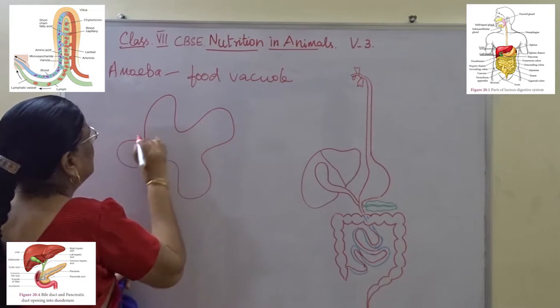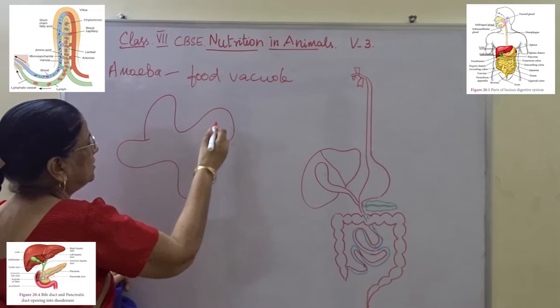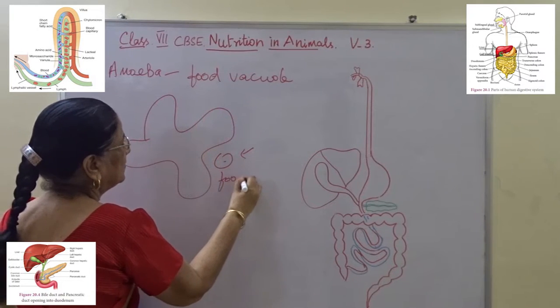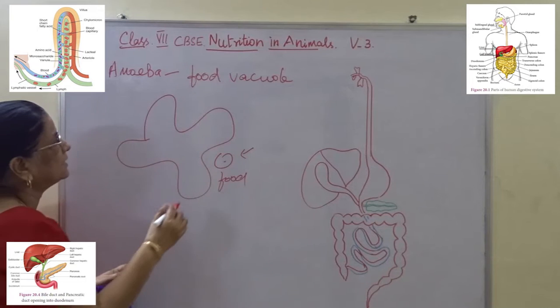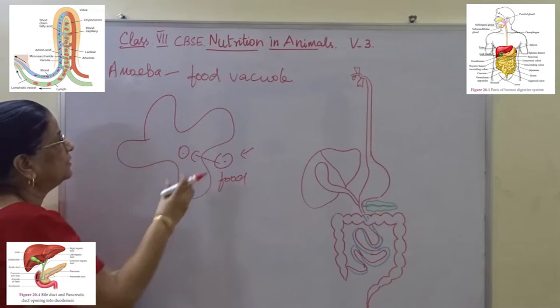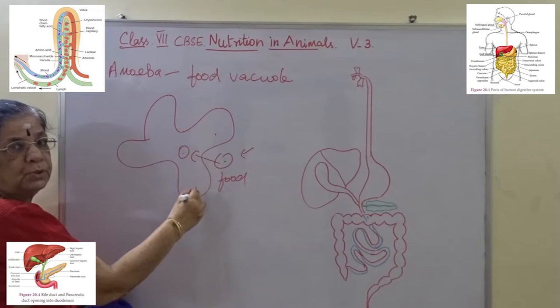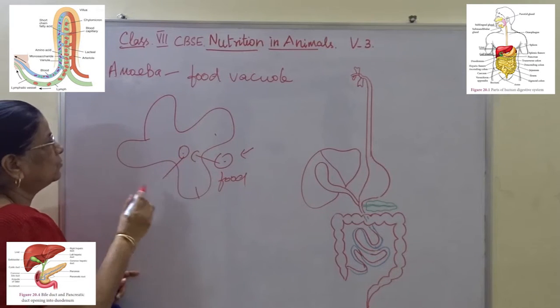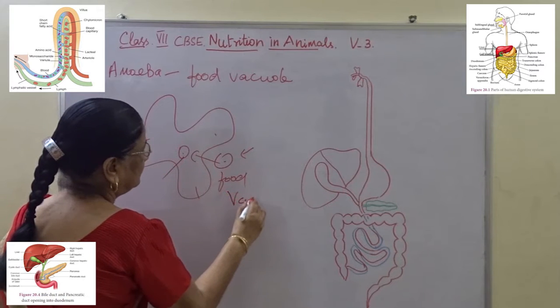Amoeba has pseudopodia, and then food is entering in and reaching here. Now when these two pseudopodia engulf, they form a food vacuole.